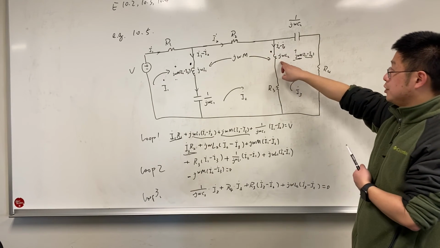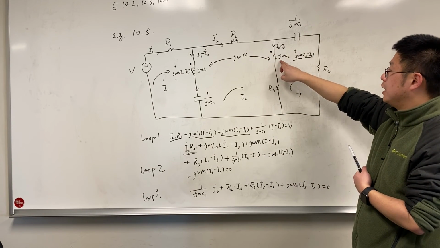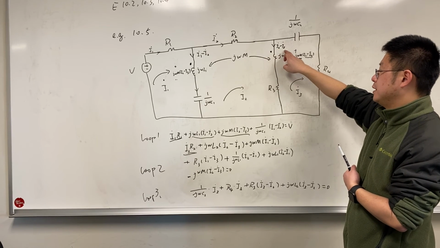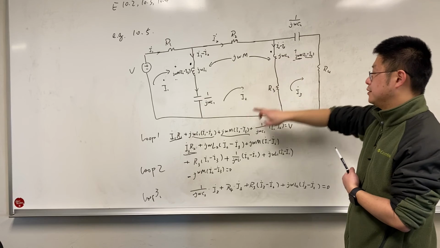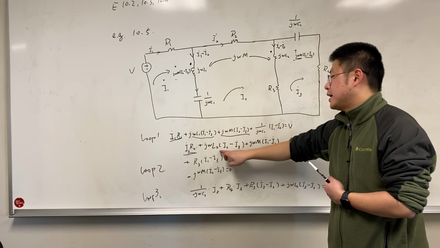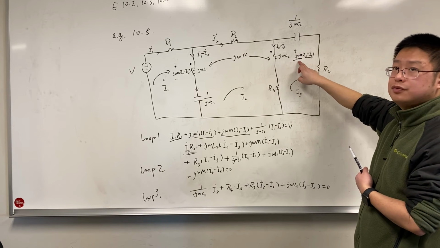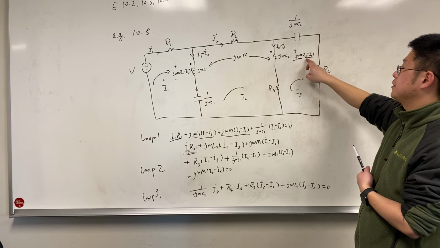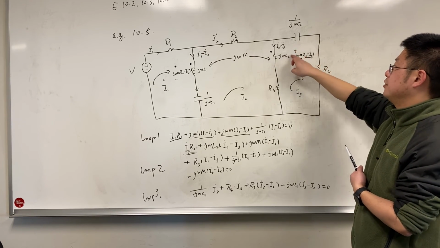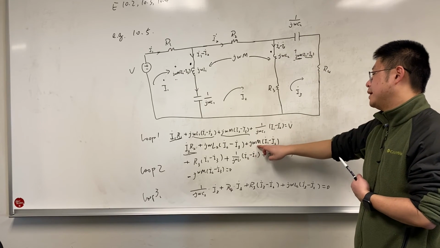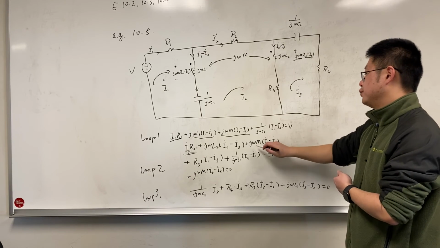Then in this loop we have this inductor, and the current is I2 minus I3, so the voltage drop is j omega L2 times I2 minus I3. And don't forget the induced voltage, which is also a voltage drop, so plus j omega M times I1 minus I2.